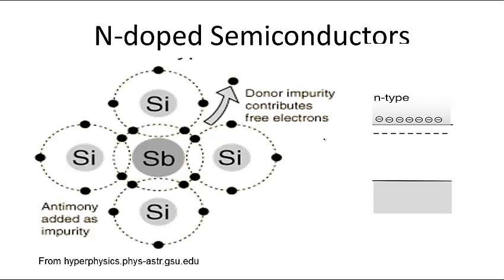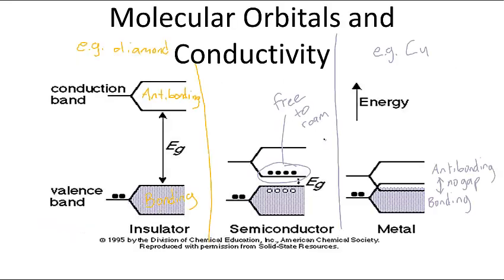So silicon has 4 valence electrons. 4 valence electrons is the magic number because when you start making all those bonding orbitals, it's exactly enough electrons to fill up the bonding orbitals, but leave the antibonding orbitals empty. So silicon, pure silicon, is a semiconductor with a little gap, like this middle picture here. So this could be silicon, for example.